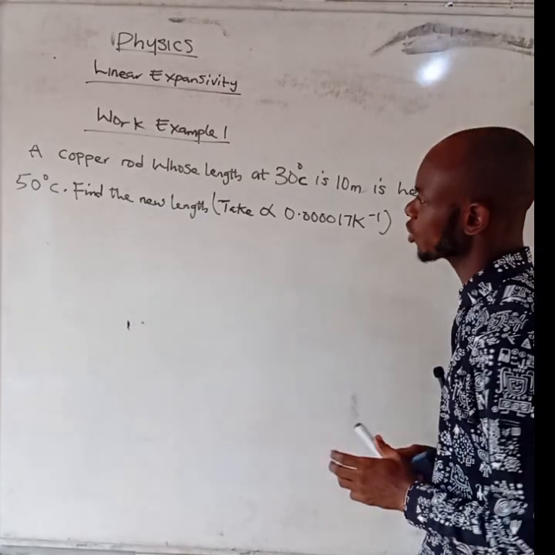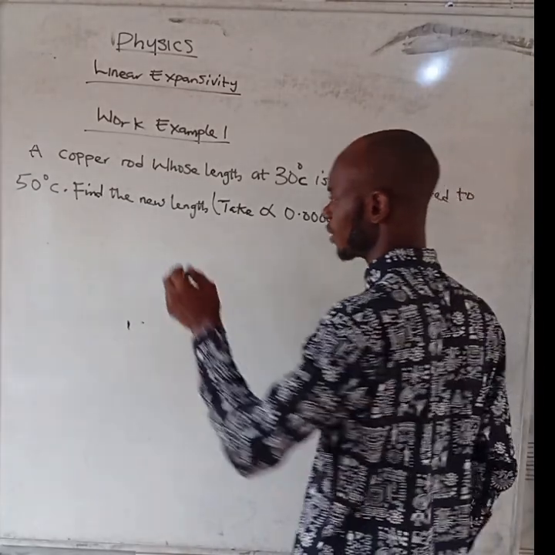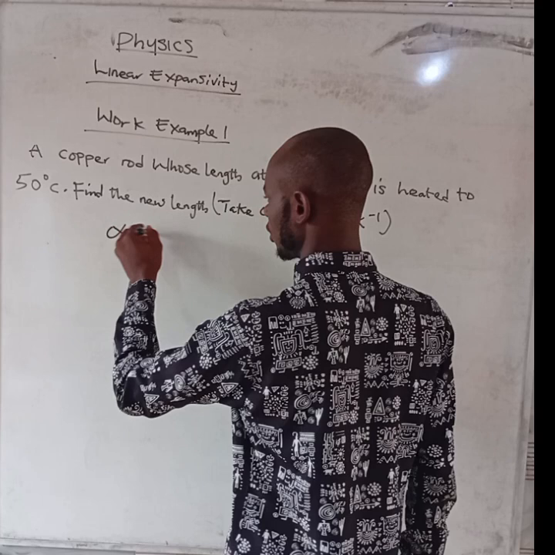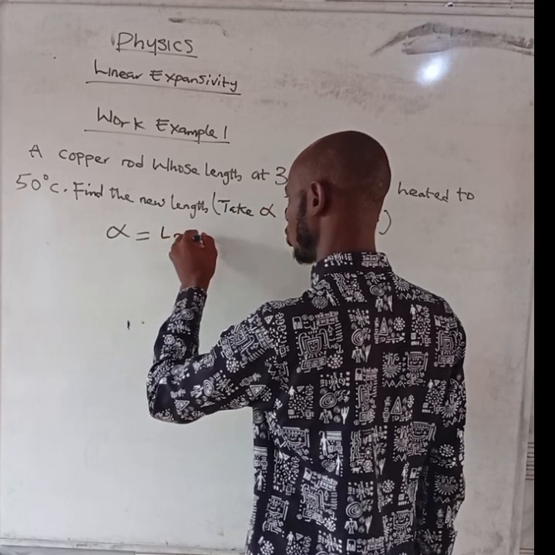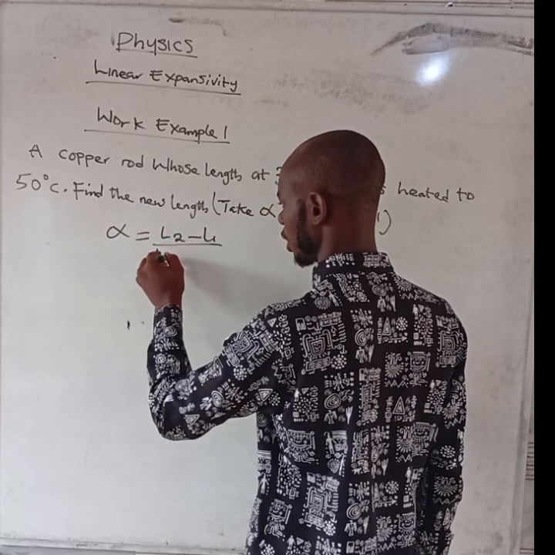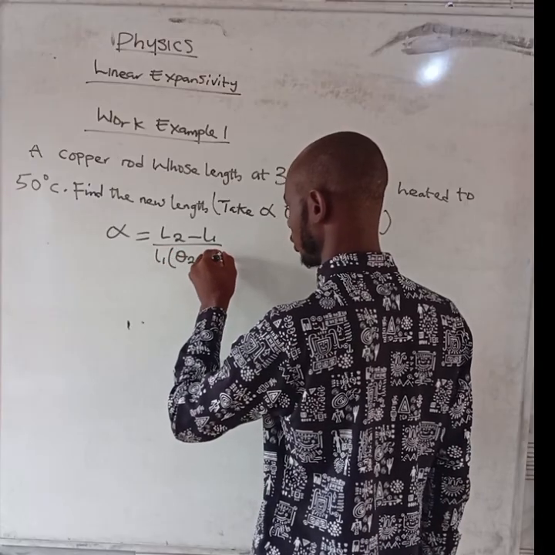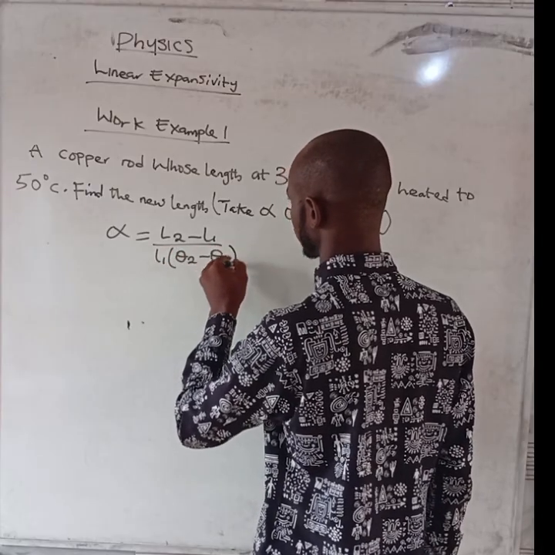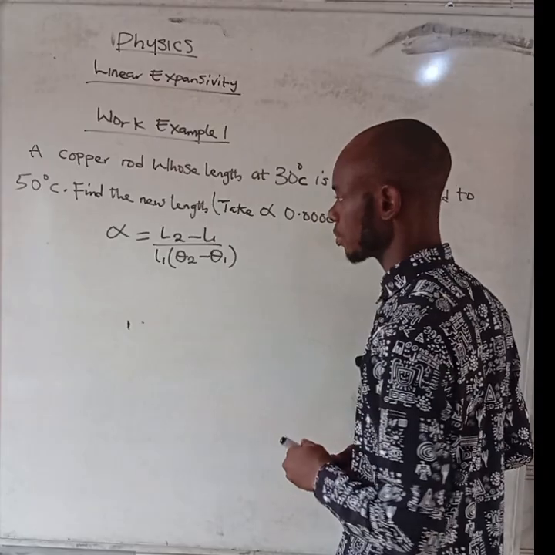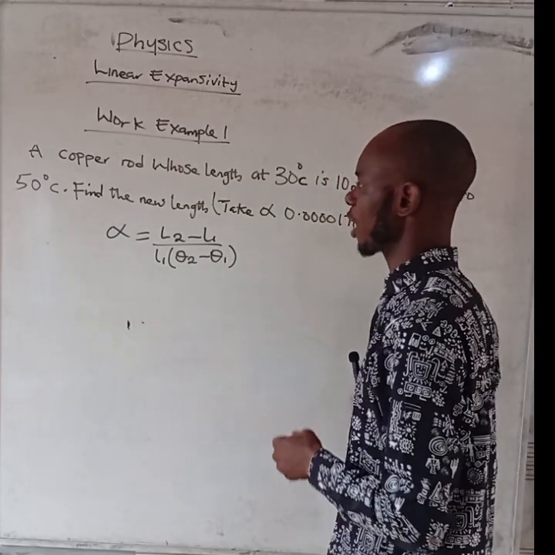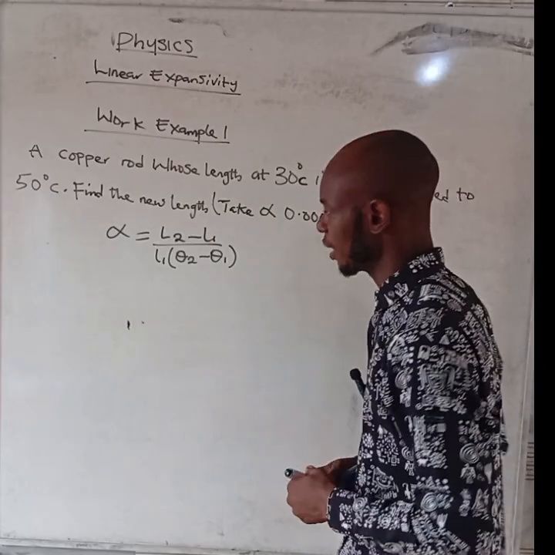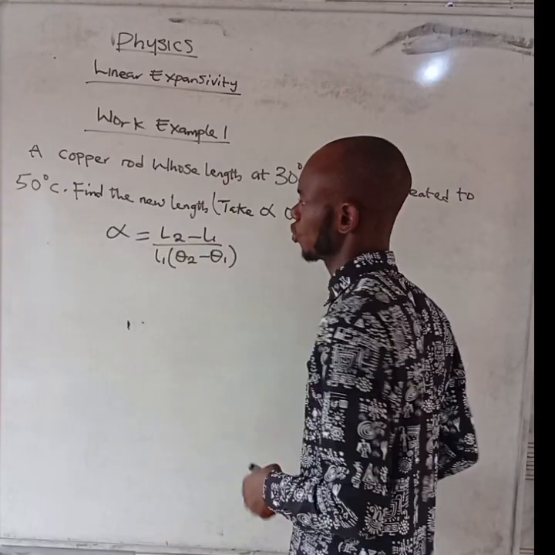We are asked to find the new length, and we know that linear expansivity alpha is equal to L2 minus L1 over L1 into theta 2 minus theta 1. The new length is L2.